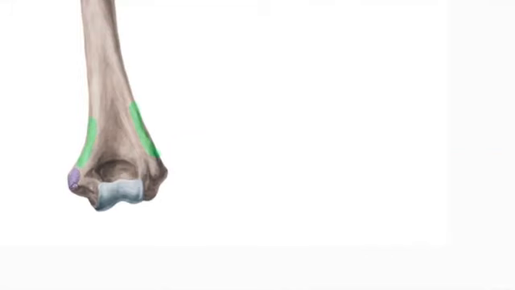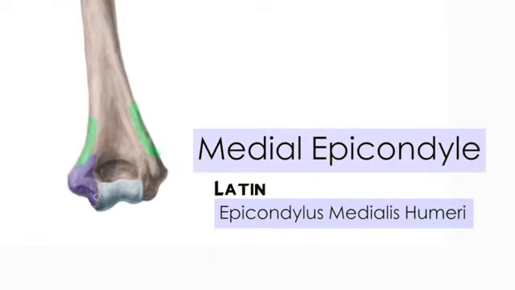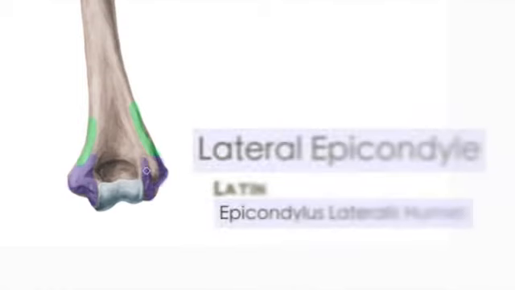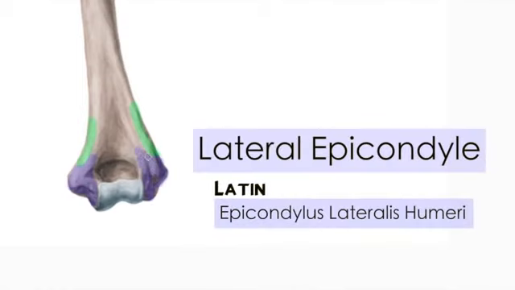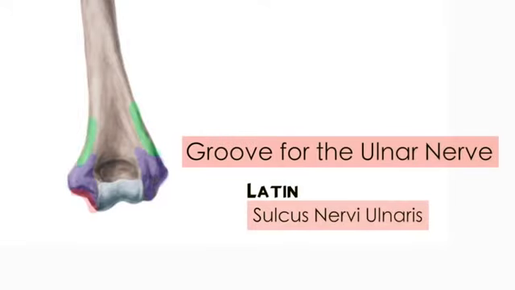Now you find here what is known as the medial epicondyle, and you also find a lateral epicondyle. One important thing to notice here is this depression that you find medially on the medial epicondyle. We call it the groove for the ulnar nerve.